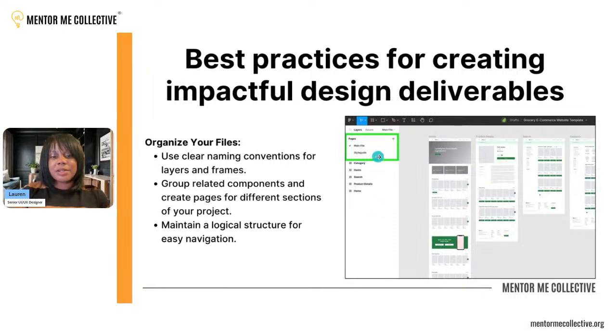It all happens right here within Figma. One of the best practices is naming your files, having a clear understanding of the layers and certain other areas within those pages, so you can maintain easy navigation for yourself and also your colleagues.